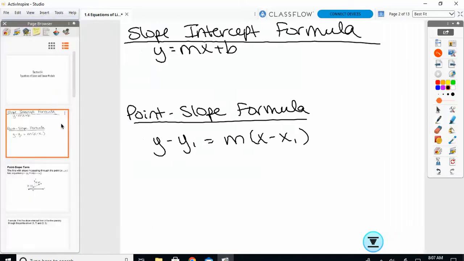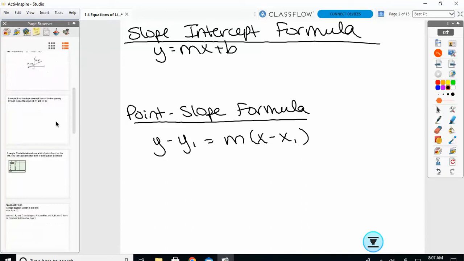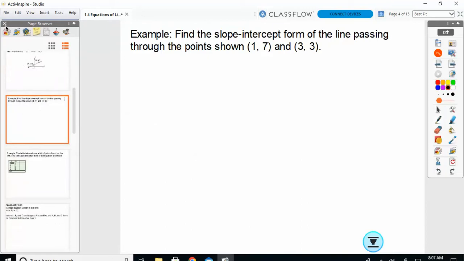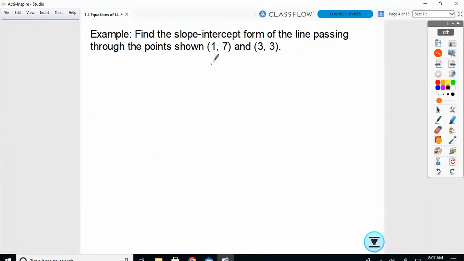So let's say I wanted the equation of the line going through the points (1, 7) and (3, 3). What do we have to do first? Yes, we need our slope.